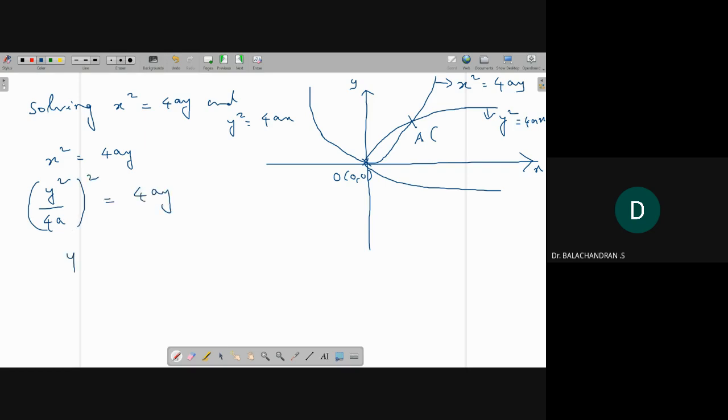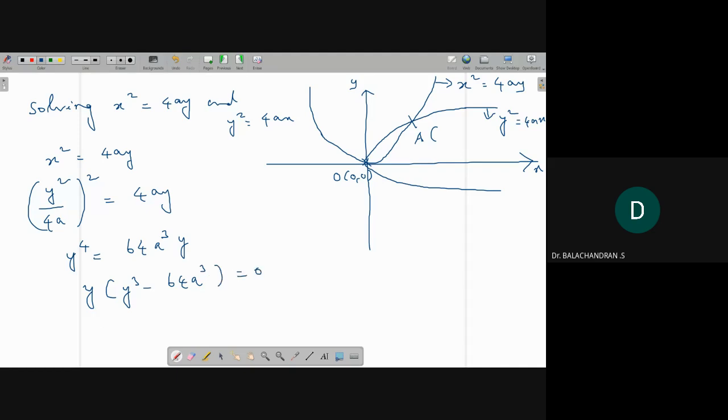So y power 4 equal to this is 16a square, so here 4, 64a cube into y. Or you can write y into y cube minus 64a cube is equal to 0.